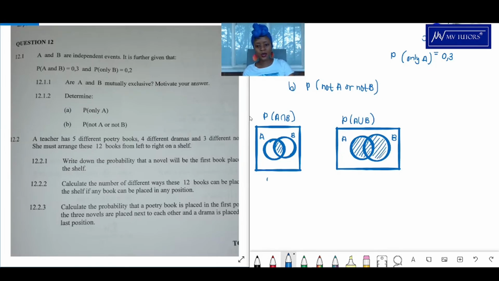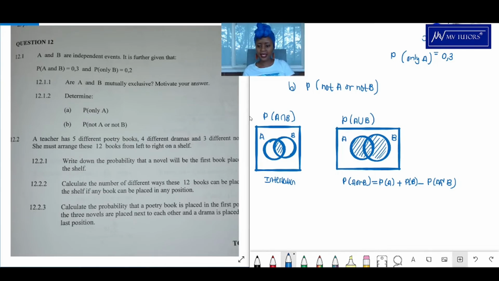Here we have the intersection and here we have the union, and that's why you would get this equation: the probability of A plus the probability of B minus the intersection, A and B.